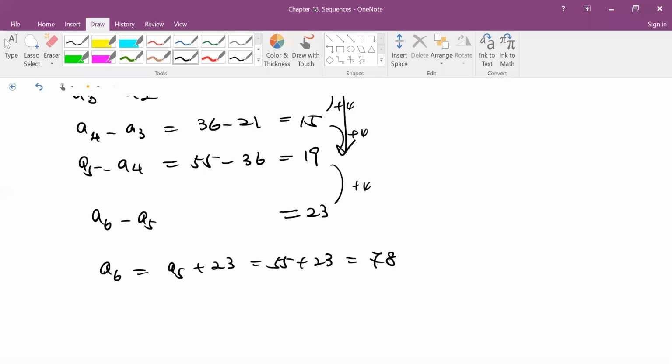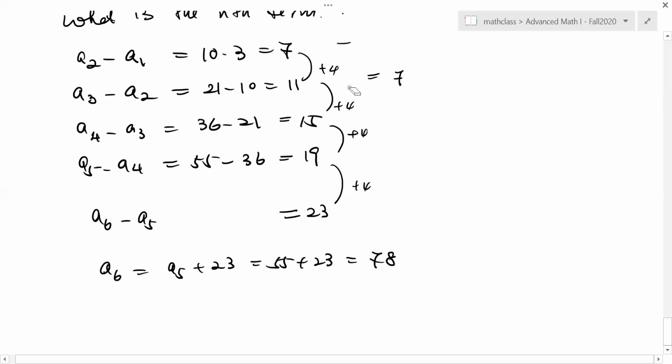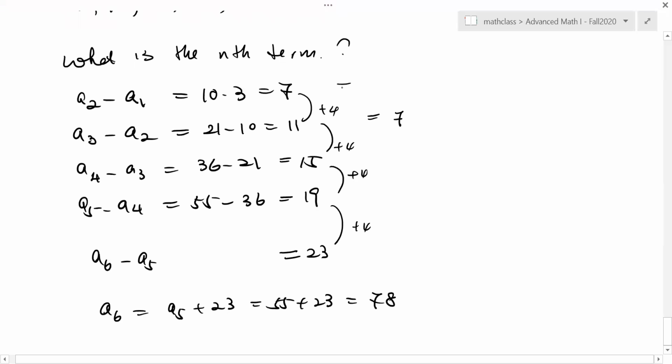What happens to this? 7 can be viewed as 3 plus 4, okay? And 11 can be viewed as 7 plus 4. That'll be 3 plus 4 times 2, right? And that would be 3 plus 4 times 3.